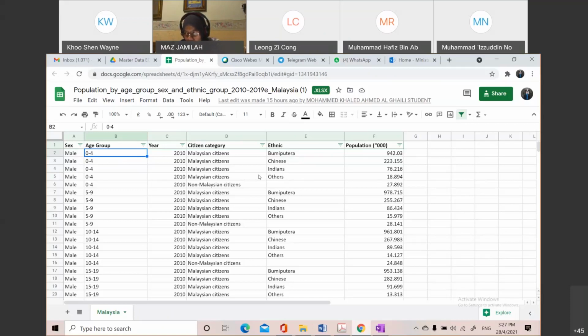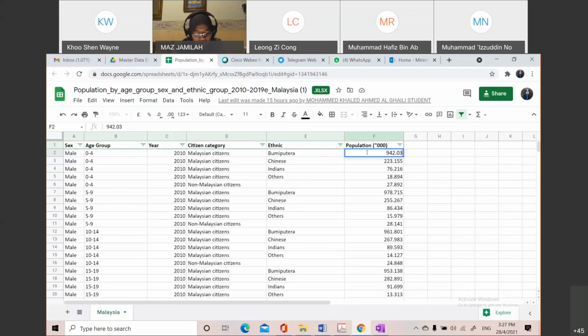Sample size is based on the year that you include in your analysis. For the oil consumption just now, it's about the usage, the consumption in terms of meter cube. But for this particular data, we are talking about exact values in terms of thousand.